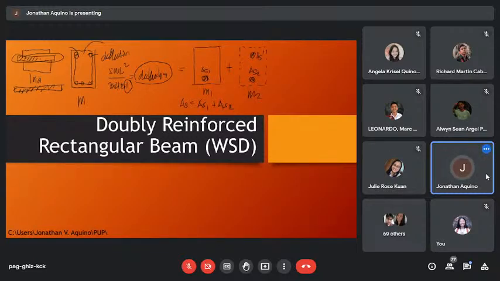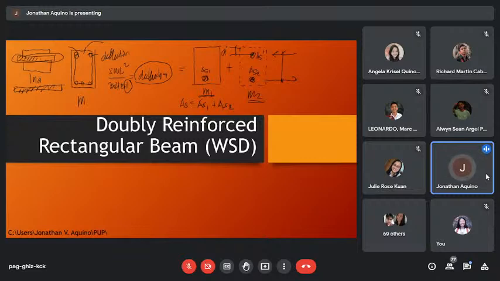So the moment capacity is equal to M1 plus M2. So M1 is the moment capacity considering single reinforced rectangular beam, and M2 is the moment capacity considering the internal couple created by the compression and tension reinforcement. So the distance from the centroid of the compression reinforcement to the outermost fiber is denoted as D prime.